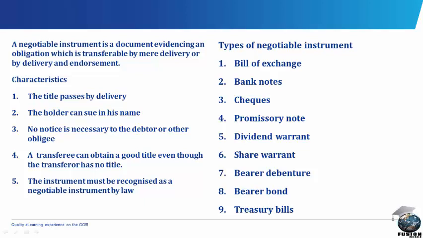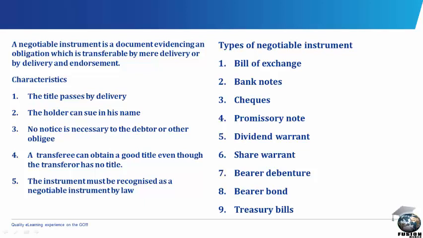The difference between a bill of exchange and a promissory note includes: 1. A bill of exchange is an order to pay, while a promissory note is a promise to pay. 2. Bill of exchange requires acceptance, while for a promissory note acceptance is not necessary. 3.